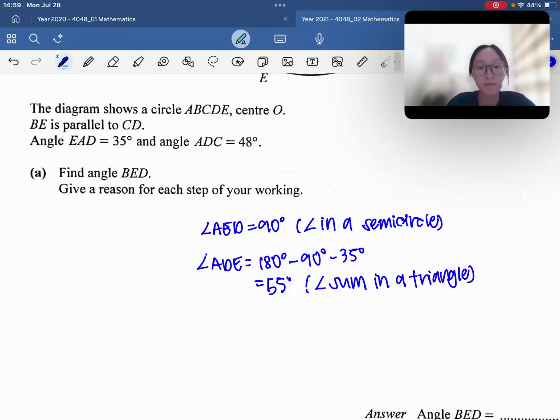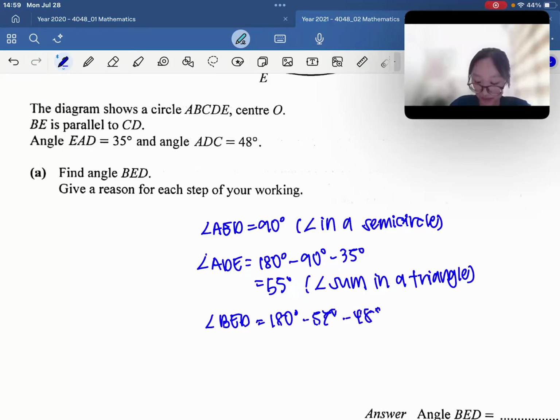And then we can finally find angle BED, which equals 180 degrees minus 55 degrees minus 48 degrees. This gives us 77 degrees. How do we know this?